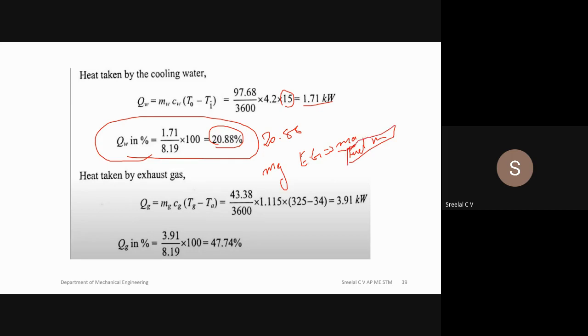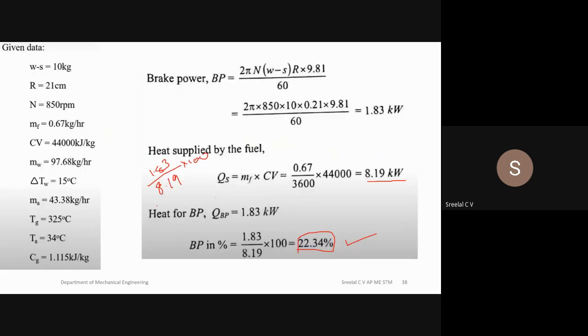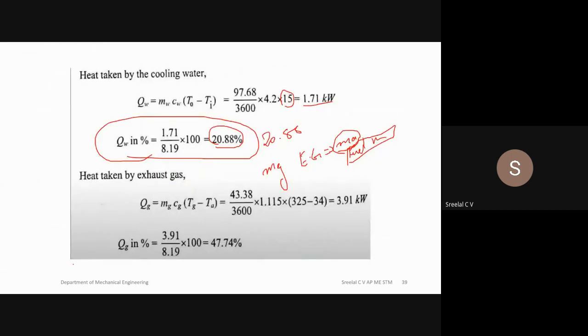Here we are considering only the mass flow rate of the air, so we can directly write MA here, and we have to convert it. Here the TG is given, and the ambient or room temperature is 34. The rising temperature is also given. So we will be substituting in this formula and we will be getting 3.91 kilowatt.